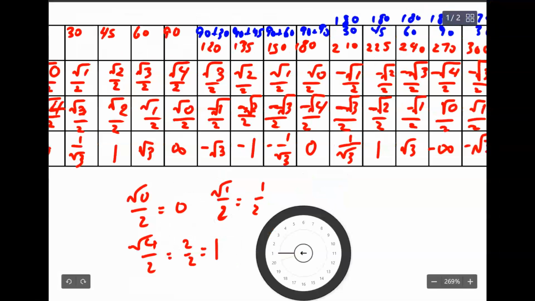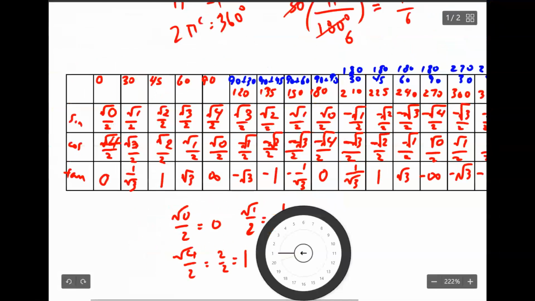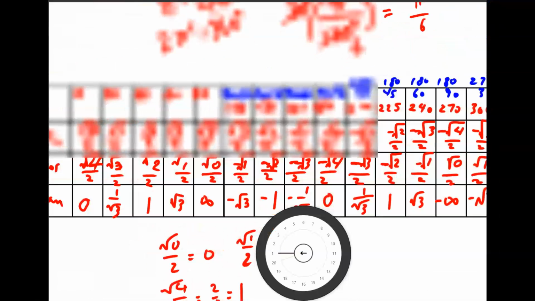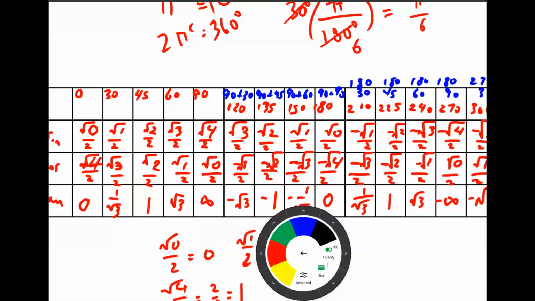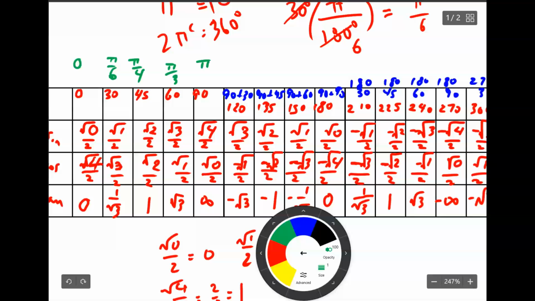Okay, last of all, I want to show you how to do the radians. Okay, so the radians, there's a couple ways you could do it. One way would be to use the pattern here. So we know we go 0, pi over 6, pi over 4, pi over 3, and pi over 2, right?